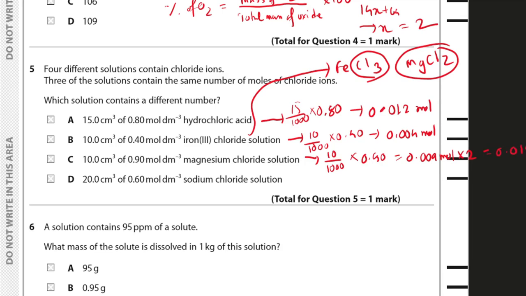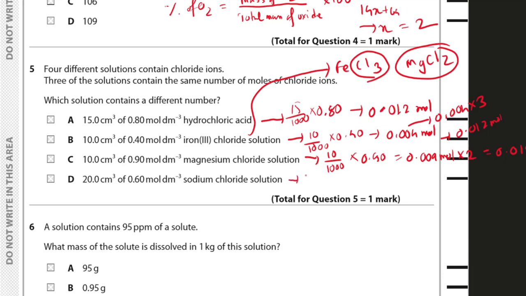So that is a different number that we got, whereas in the other case, if you multiply 0.004 by 3, since we can clearly see that per molecule consists of 3 chloride ions, that would give us about 0.012 mole again. So the first one, A and B, are identical as you can see, while the third one, C, is not identical because it comes to 0.018.